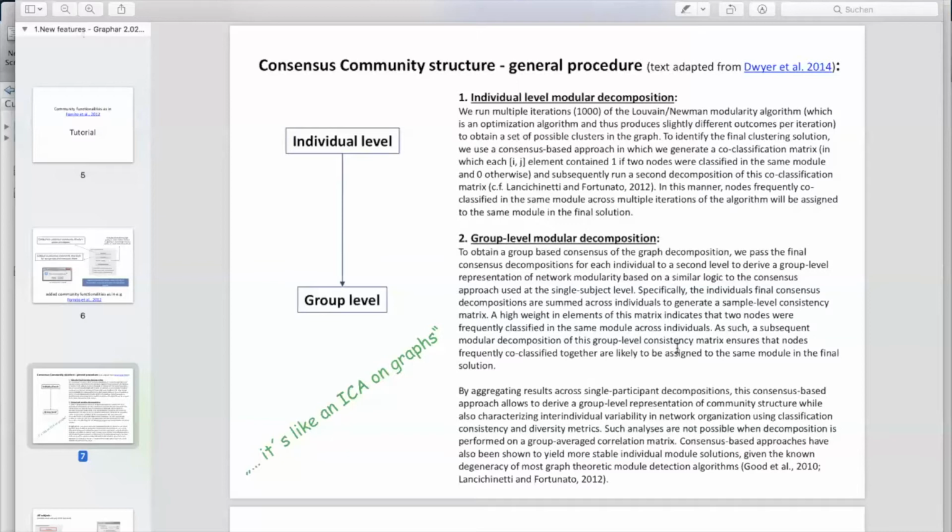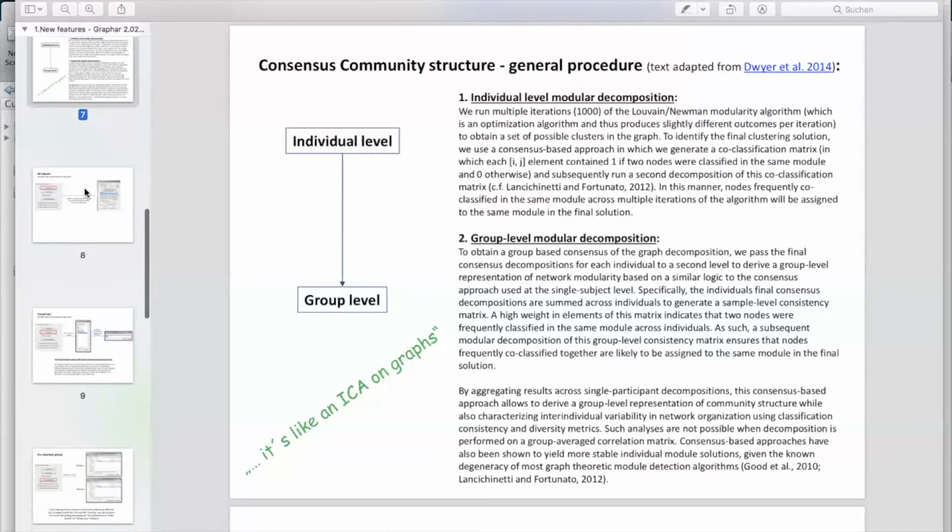For example, is it a local connectivity hub within one module, or is it actually a region which may act as a bridge hub or a connection hub, connecting two different or various modules within the entire modular landscape of the final clustering solution.